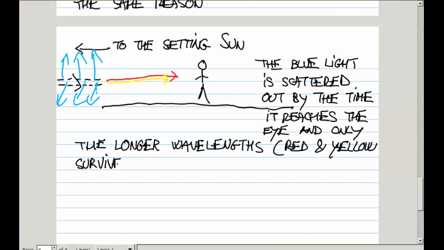I'll explain that in a second. So the sky is blue for an observer for whom the sun is directly above. But for the observer for whom the sun is setting, all the blue light is carried out, and only the longer wavelengths, red and yellow, reach the eye, and hence the sunsets appear red.